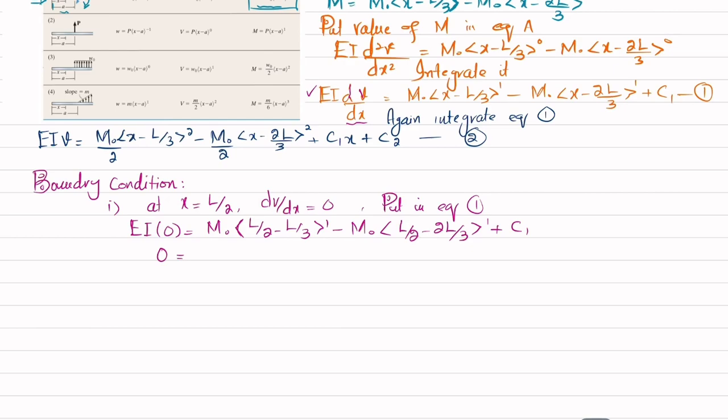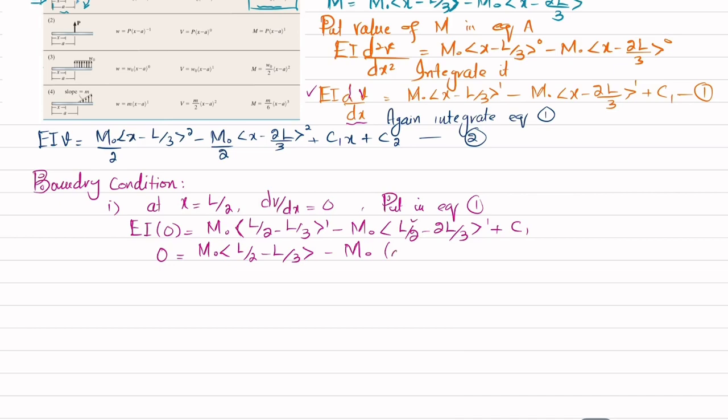This term will be equal to M₀ into (L/2 − L/3) minus M₀ into, this term will be 0 because you can see that L/2 is less than 2L/3, so this term will be negative, and anything inside the Macaulay bracket that is negative will be considered as 0.